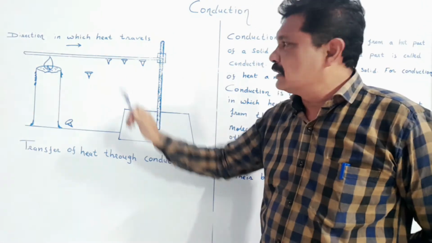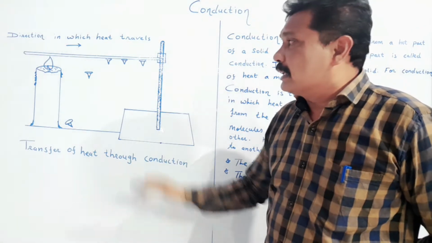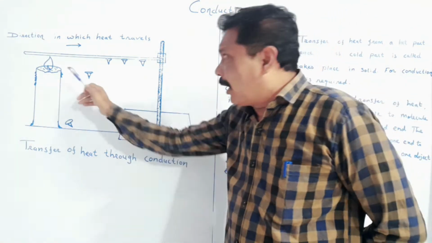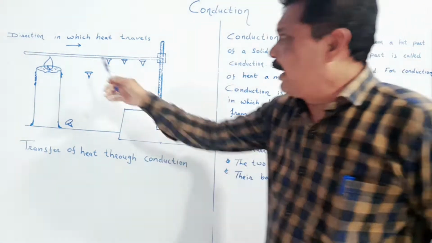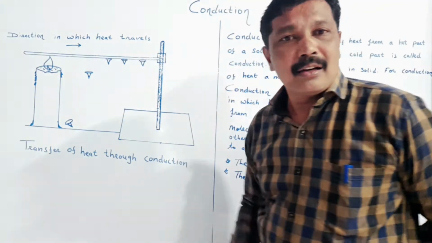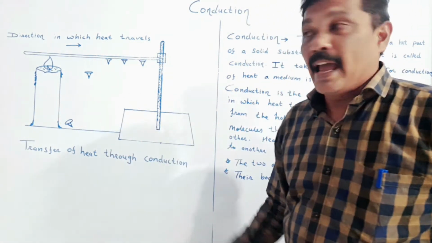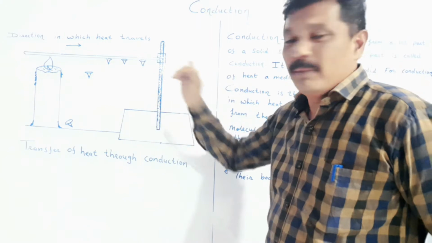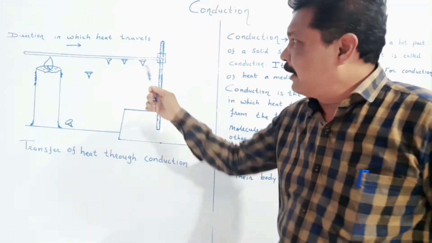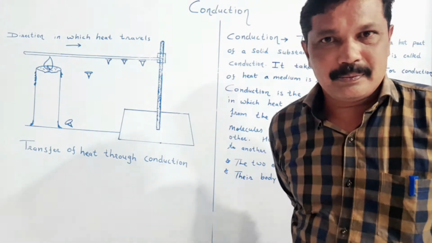After some time, the third thumbnail will fall down. In this way, all the thumbnails which were fixed to the iron rod will start falling one by one in a sequence, and in the last, the thumbnail which is fixed to the farthest end will fall down.